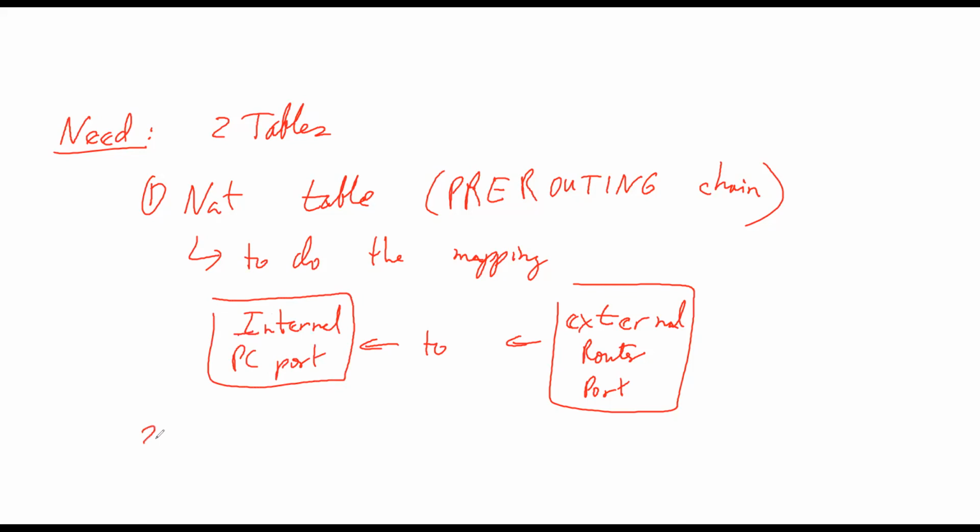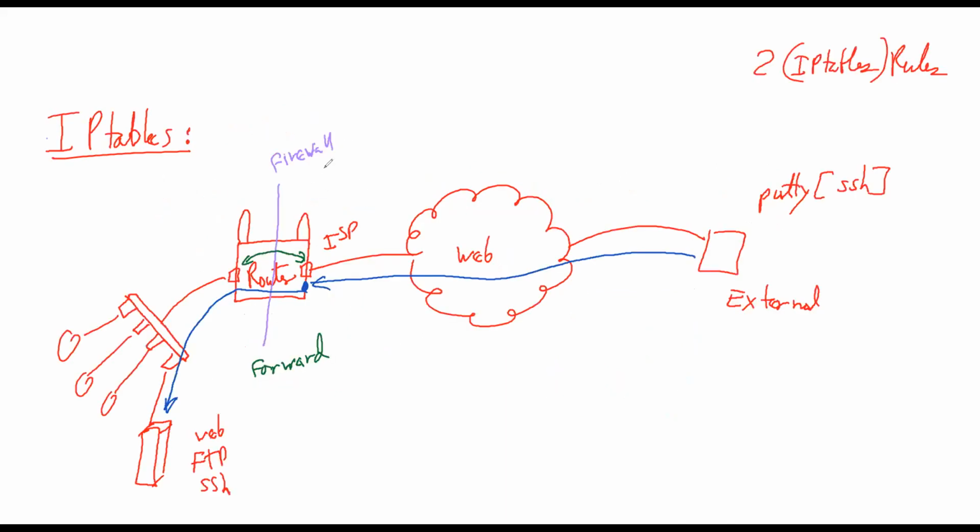And then the second one would be the forward, and the second one is actually a lot simpler. Remember, by default it implicitly denies everything.